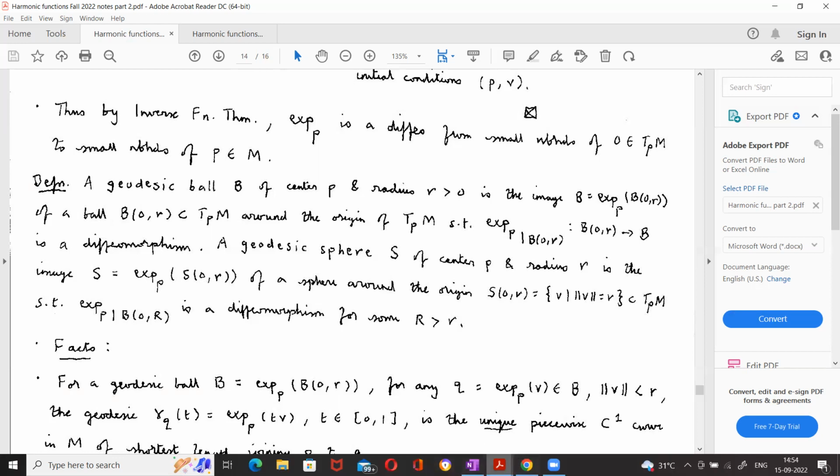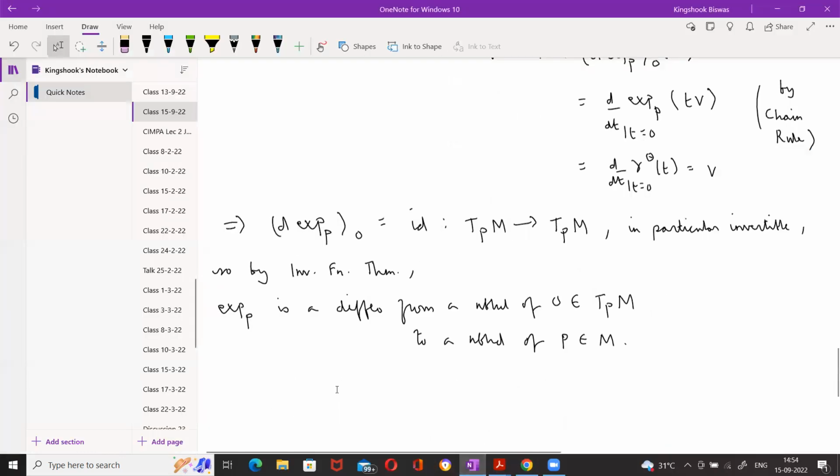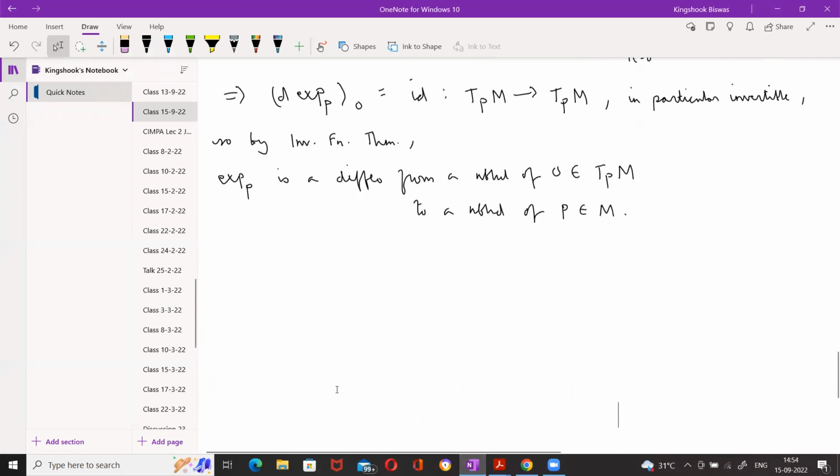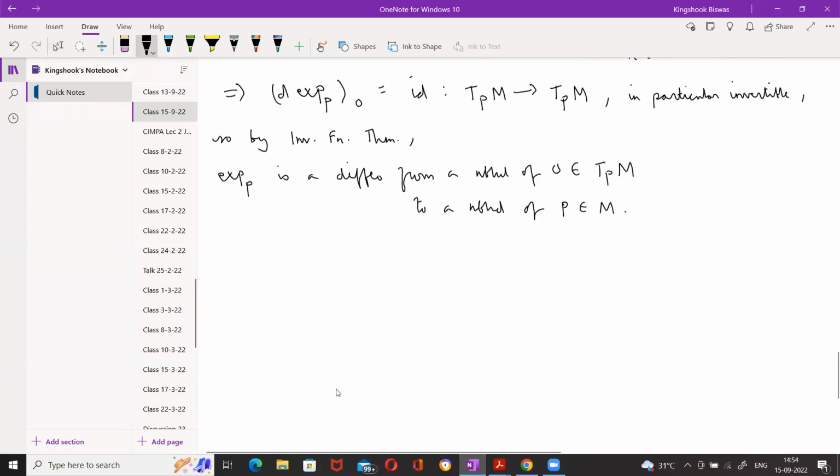So we're taking a ball around the origin here in TpM. Well, we could take a sphere and we could take a ball.